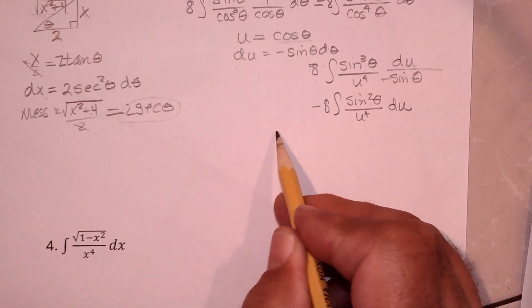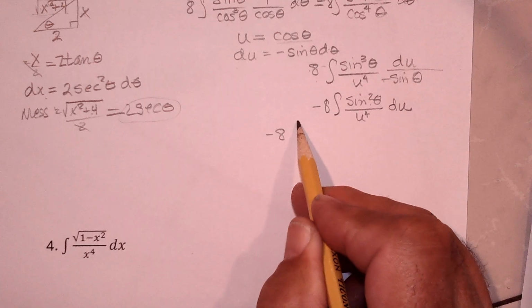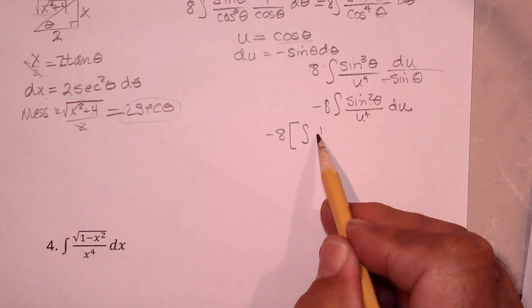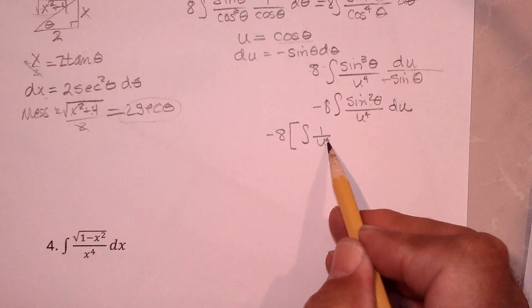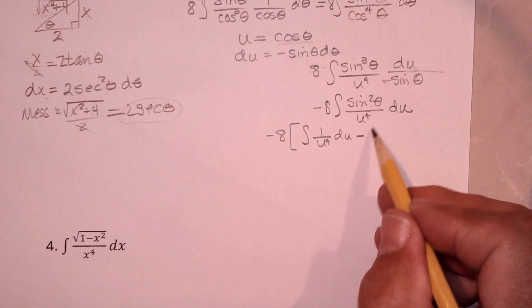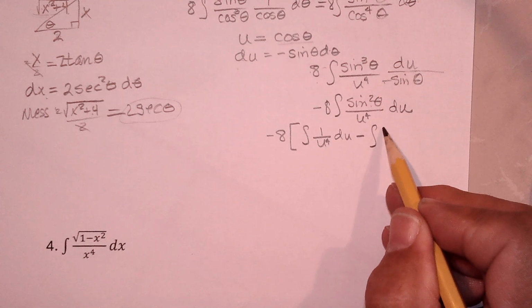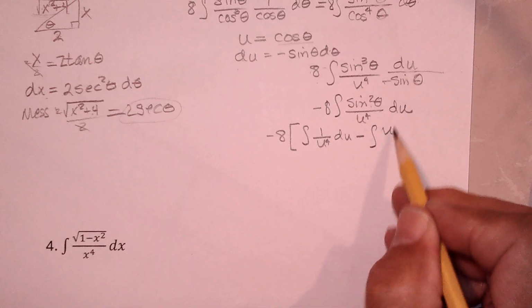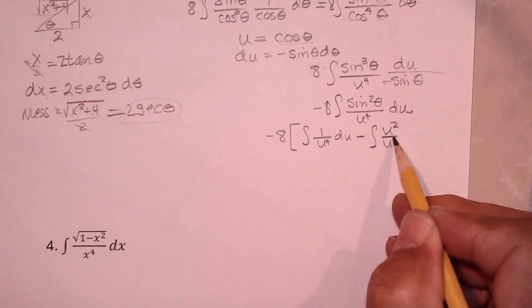So if this is 1 minus cosine squared, it's 1 minus u squared. So this becomes negative 8 antiderivative of 1 over u to the 4th du minus the antiderivative of cosine squared. So 1 minus cosine squared, which is u squared, over u to the 4th.